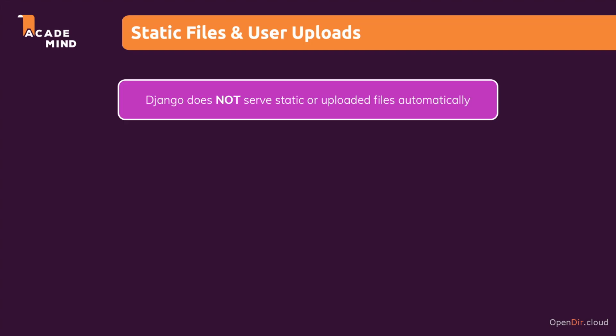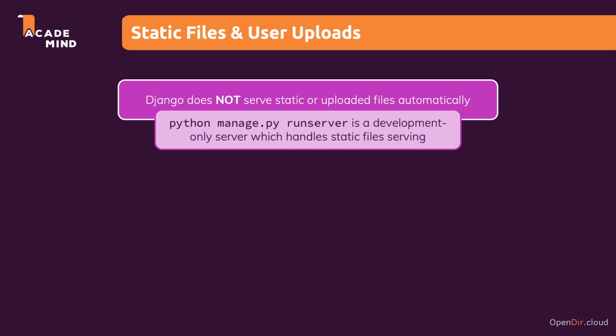The reason for that is that our development server, which we started with manage.py runserver, actually does serve static files. But that's a simplification built into that server, which does not exist for production. There, by default, Django does not serve static files. So we'll need to solve this problem.